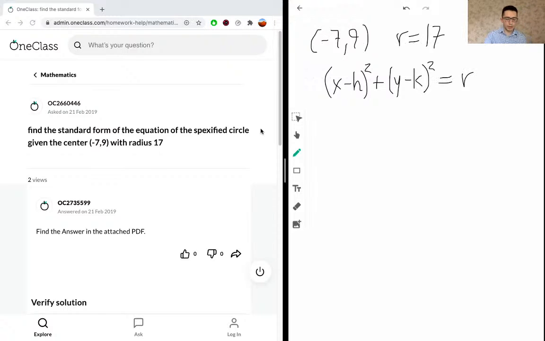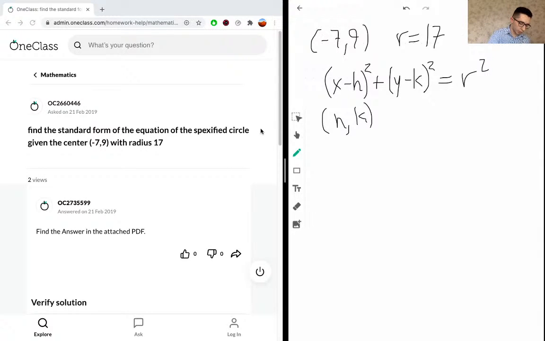Here x and y are just the x and y variables, and h and k are the coordinate variables for our circle. So h and k is what we're going to substitute in.